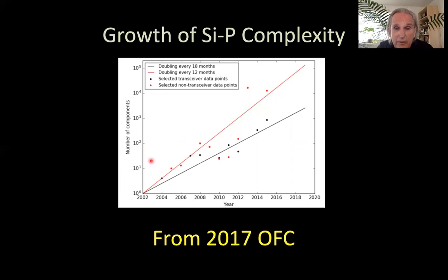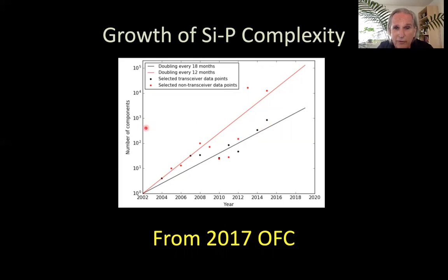That would be it. But it's been growing exponentially ever since. There's a different growth rate for non-transceiver products than for transceiver products. The vast majority of products that are on the market now are these transceiver products. And we can see they're growing at a healthy exponential rate.